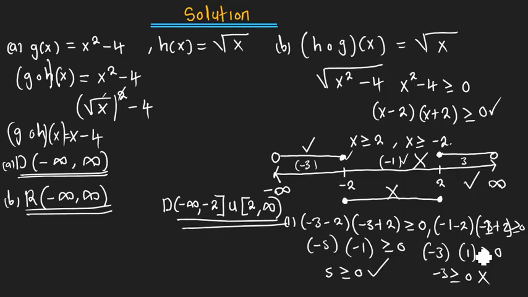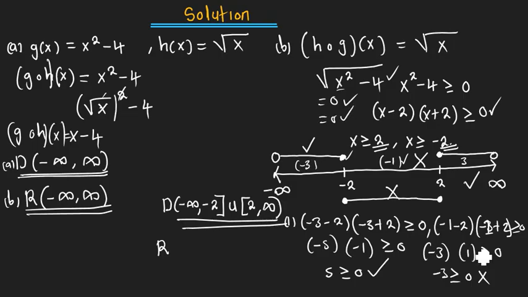How is the range going to be like? Notice that if I get these two set points, 2 and negative 2, and put them in this function, if I put 2 where there is x, I'm getting a 0. If I put negative 2 where there is x, I'm still getting a 0.